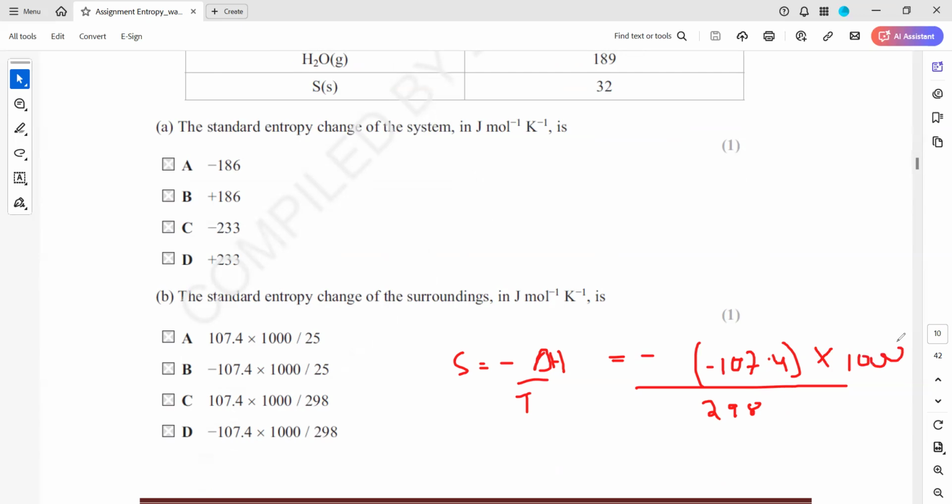Usually it is in kilojoules, so multiply by 1000. And we'll get a positive answer, so it matches with option C. See, negative will be positive. Yes, okay.